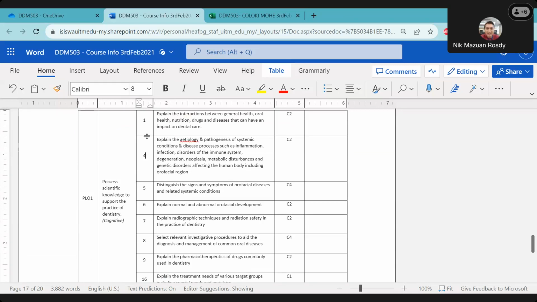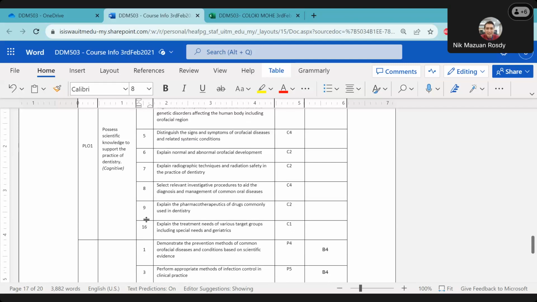So my course does not map to criteria number 2 and number 3 of PLO 1. So I did not list them here. So only 1, 4 and then we go to 9. Suddenly numbers 10, 11, 12, 13, 14, 15 are not there. So that means number 10 to number 15 is not for my course.